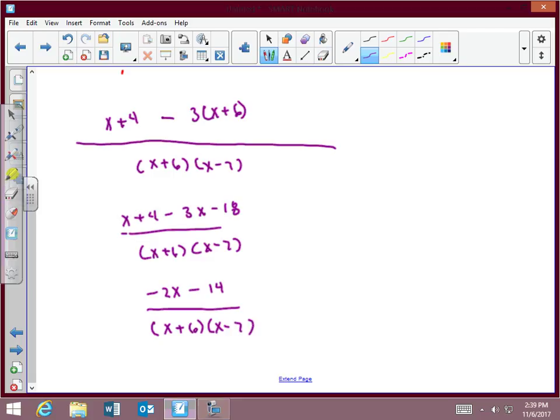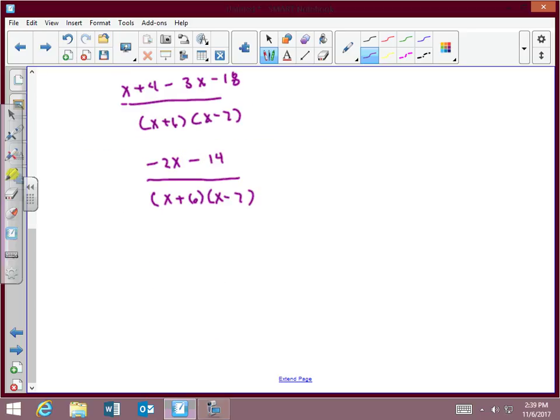What do you think? It would make you think that you might be able to factor it if you took a minus 2 out of that numerator. But if I've done it right, it still doesn't factor.